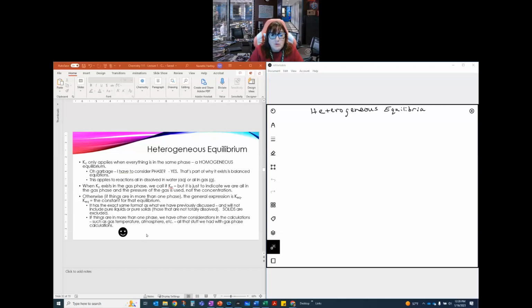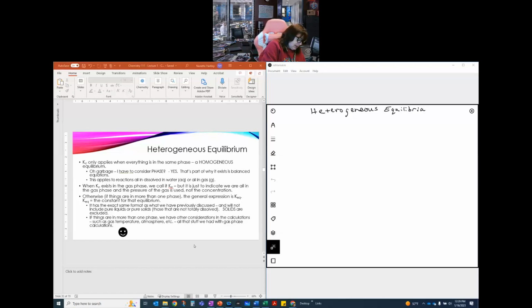Kc is always one phase, Kp is always one phase, and that happens to be pressure, so we have to include pressures rather than concentrations. Keq applies everywhere. We still do not include solids or liquids. But it applies when, like, we have a gas that's in the aqueous phase. That's typically when we see this. All right, so that's what we're talking about, multiple phase equilibria, and introducing the idea of a Kp, and other Ks.